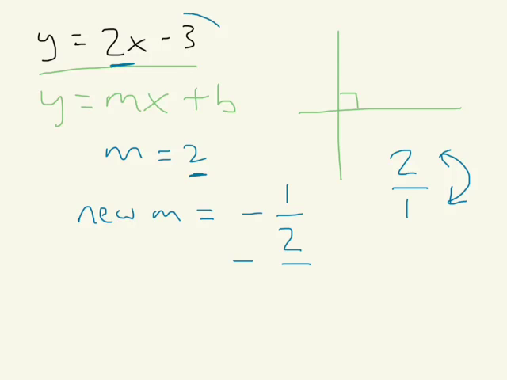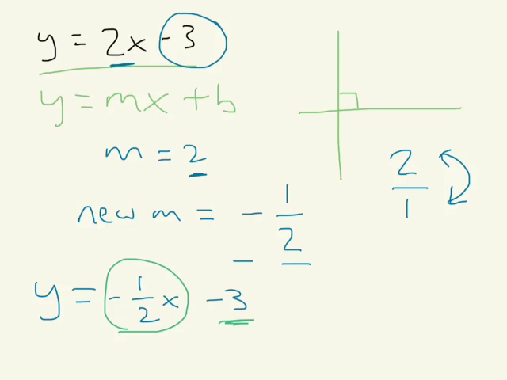We're going to keep the same b just for ease of use. So the correct answer for this one, an equation of a line that is perpendicular to y equals 2x minus 3, is going to be y equals negative 1/2 x minus 3. We kept the same b, but what's really important is we changed that slope, this m right here.